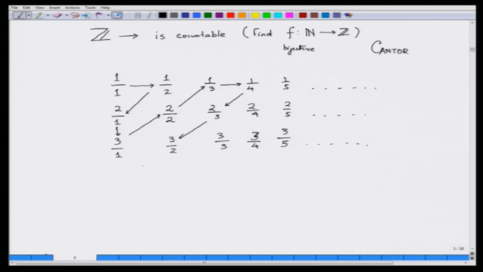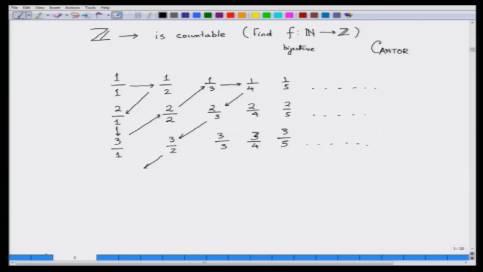You have to come down absolutely to the left like this, and just go on. From whatever is the number, you go back here and here and here like this.